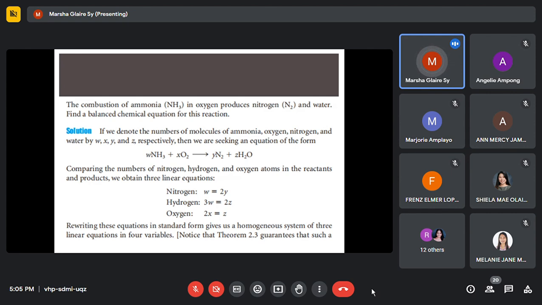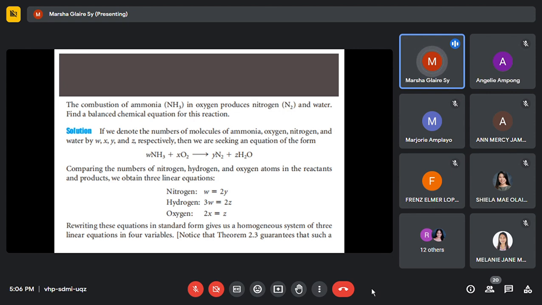So we have here the solution. If we denote the numbers of molecules of ammonia, oxygen, nitrogen, and water by W, X, Y, and Z respectively, then we are seeking an equation of the form W NH3 plus X O2 gives Y N2 plus Z H2O.